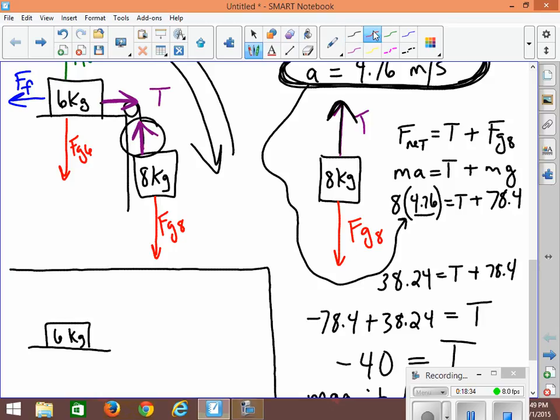He has a force of gravity that's pulling him down, Fg, and it's the force of gravity on the 6 kilogram block. He has a normal force because he is sitting on the surface. And he has a frictional force, which is resisting his motion this way.